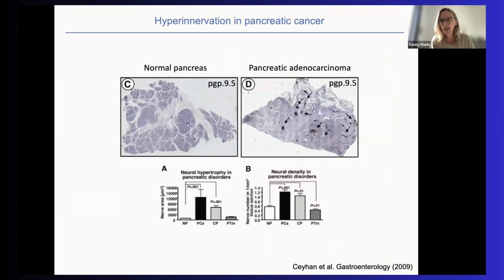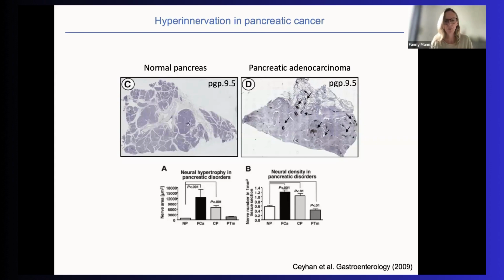It's also one of the first cancers in which the presence of nerves has been reported. The first observations were made about 15 years ago by a group of clinical researchers in Germany.